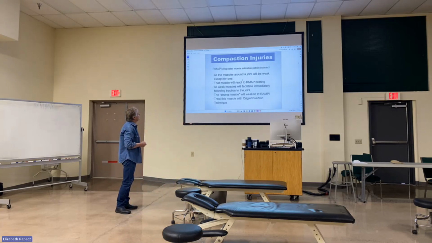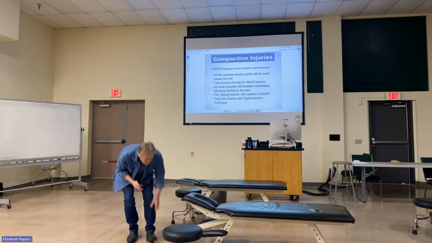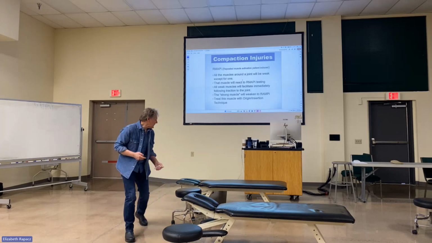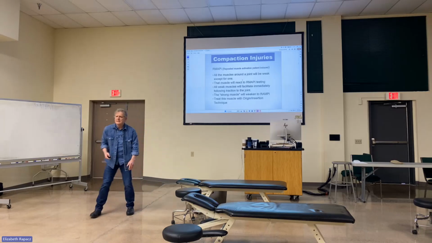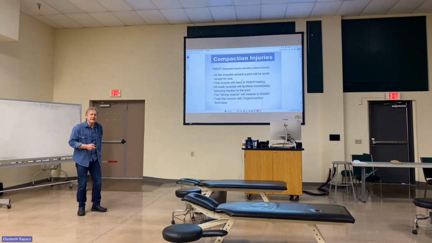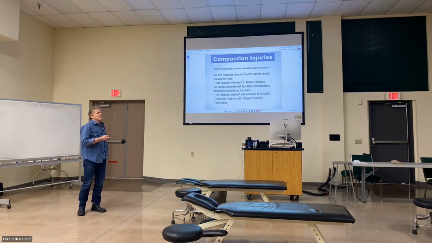Just to reiterate, with a compaction injury, all the muscles around the joint will test weak, except one, and maybe two, but usually one. Like two of her ankle muscles were, one was definitely strong, the other one was not too bad, but the rest were all weak.